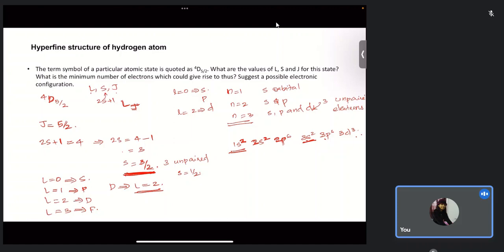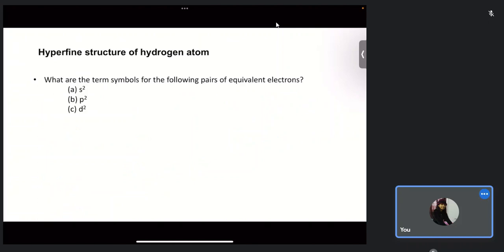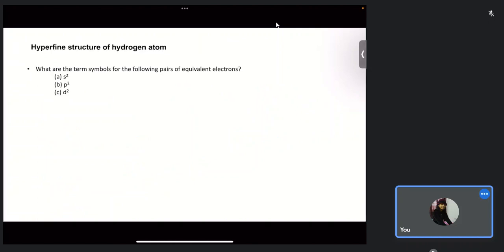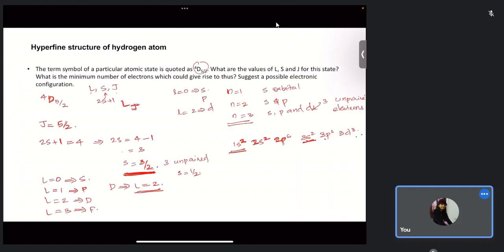So this is the possible electronic configuration that we expect for the atom which has a term symbol 4D.